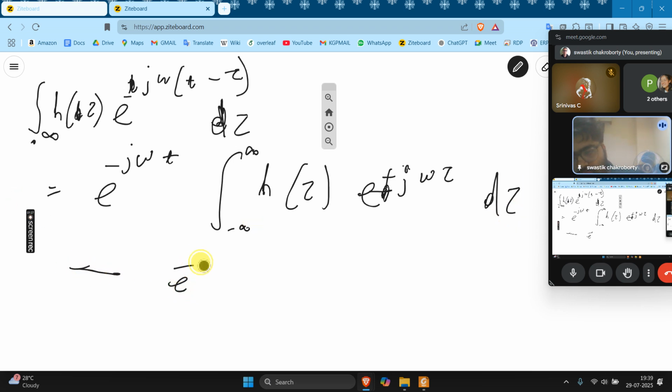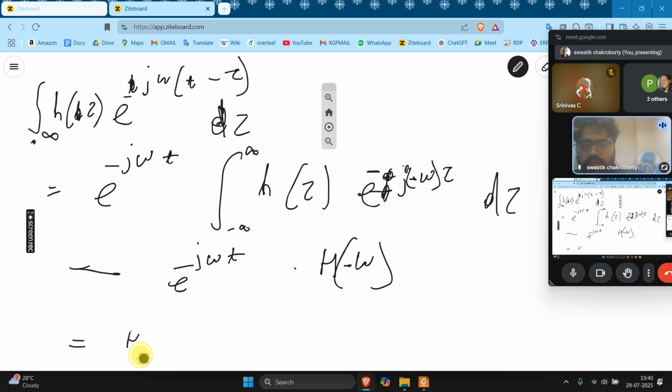So e to the power minus j omega t into the integral, which is by definition the Fourier transform of h(t), right? But I think this one has a minus, if I'm not wrong. So this will actually be e to the power minus j of minus omega t, so it will be H of minus omega.